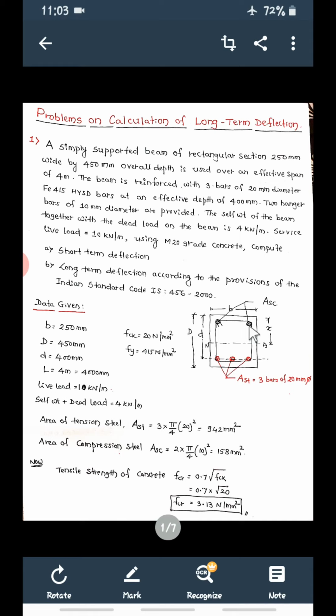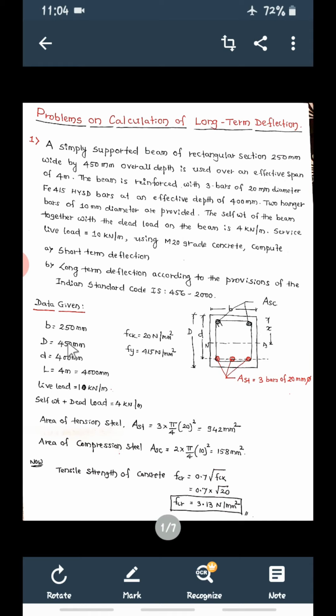Hanger bars or anchor bars, and all these three and two will be tied together with stirrups. What you are seeing, this ring, this is stirrups. So these are main steel bars, these two are compression steel. Then these are the given data.